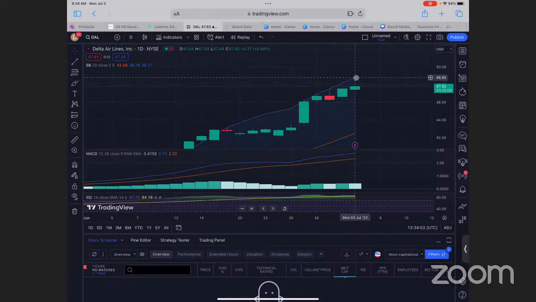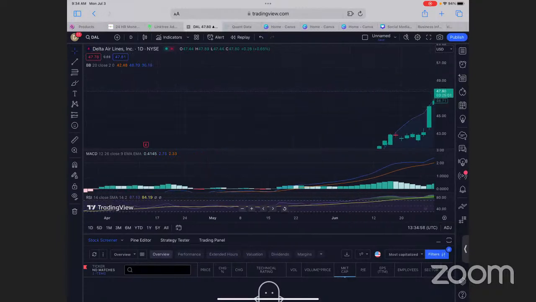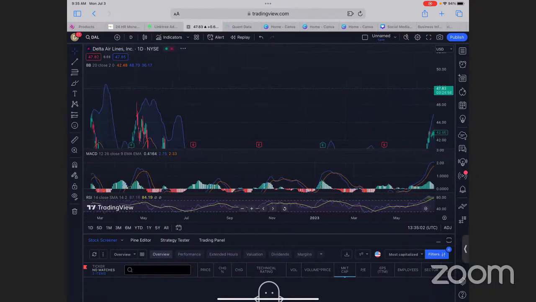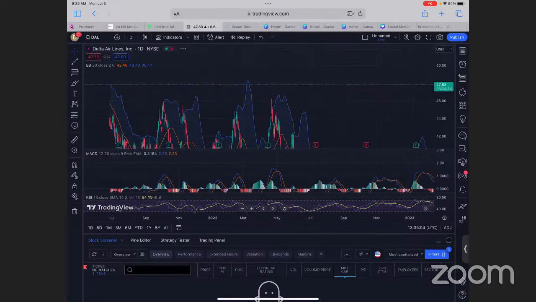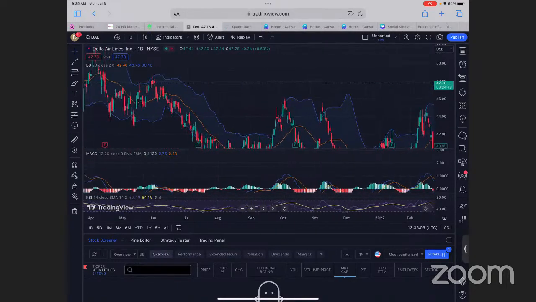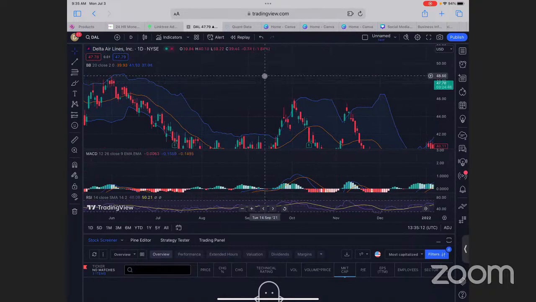Bollinger Band, so it's not extreme. Stop is 48.50. That's the first stop. See, I might take profit here and then reposition. Actually, that's exactly what I'm gonna do. Once it gets here, I want to take profit.